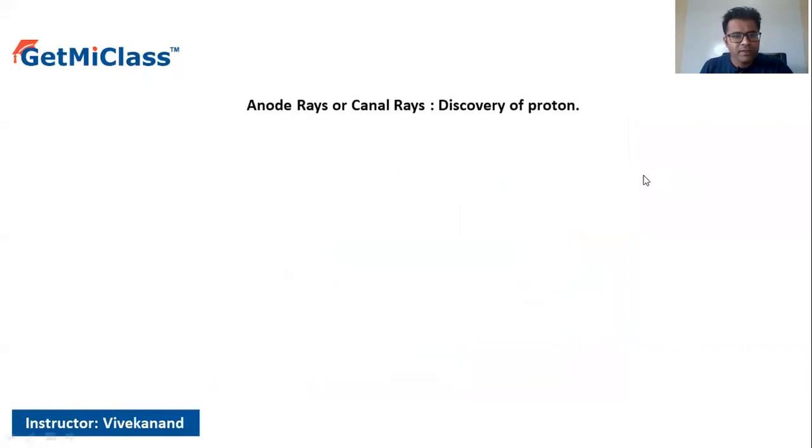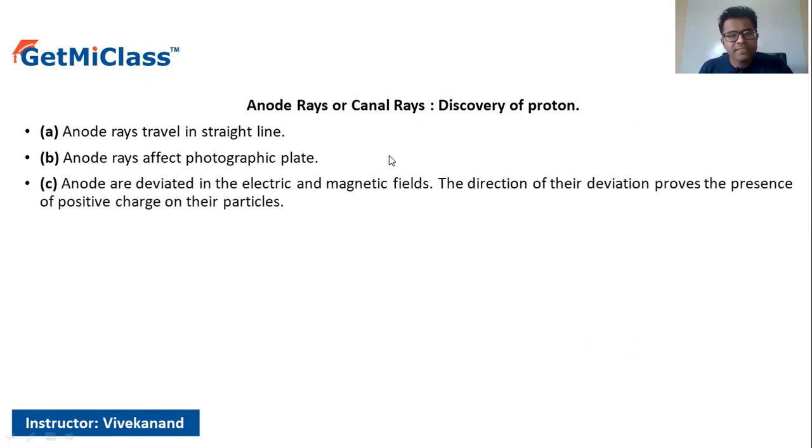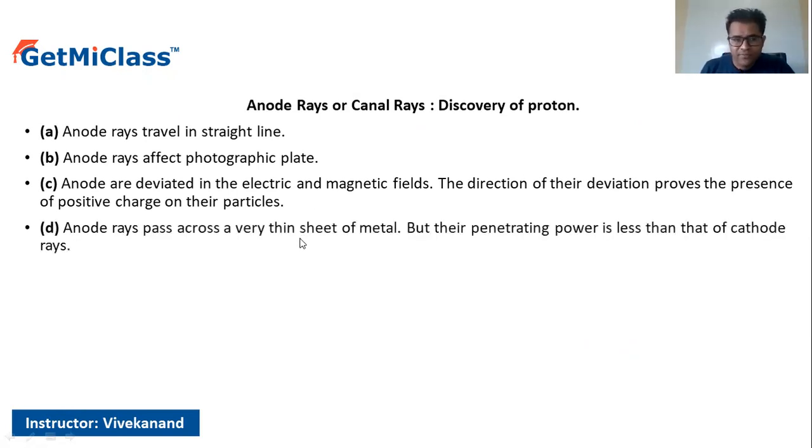So, the first point is that the anode rays travel in a straight line. Second, if we place photographic films or plates, they are going to be affected. The third point is that the anode rays are deflected in electric and magnetic fields, and the direction of the deviation proves that these rays are positively charged.